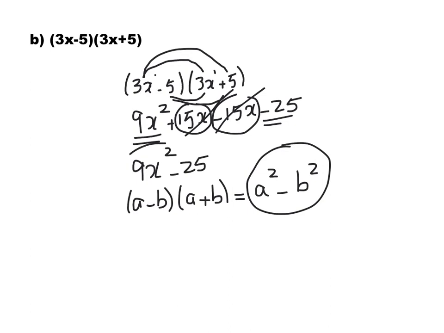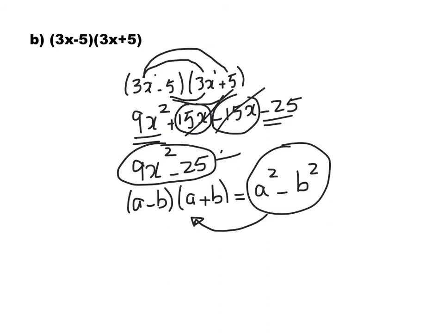If you look here, this is a difference of squares because 9x squared is the square of 3x, and 25 is the square of 5. If I expand this one, I get a squared minus b squared.